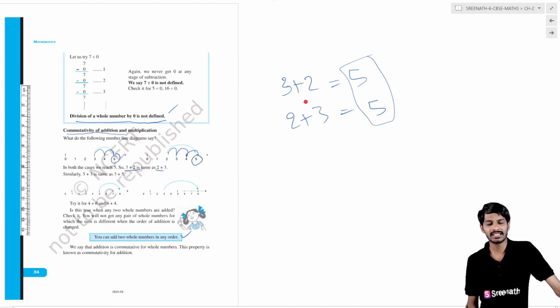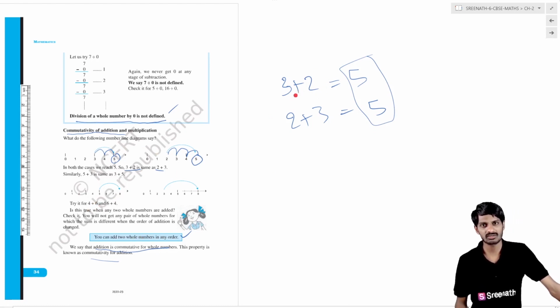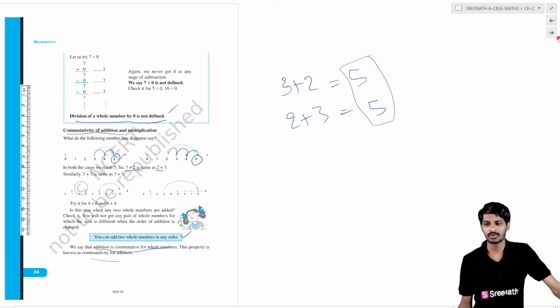The order of the addition is not a problem. So addition is commutative for whole numbers. This property is called commutativity for addition. Even though you have changed the order, the answer will not change.